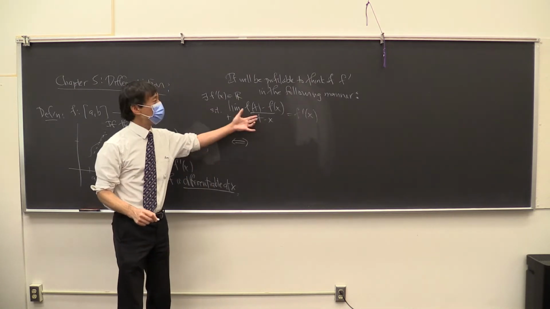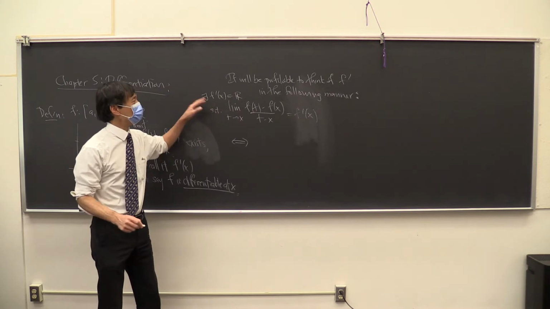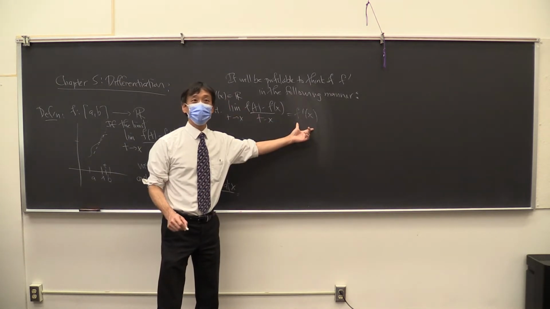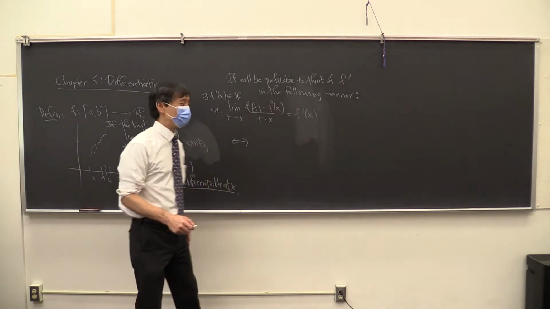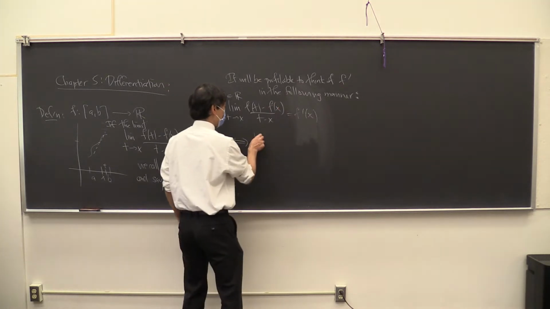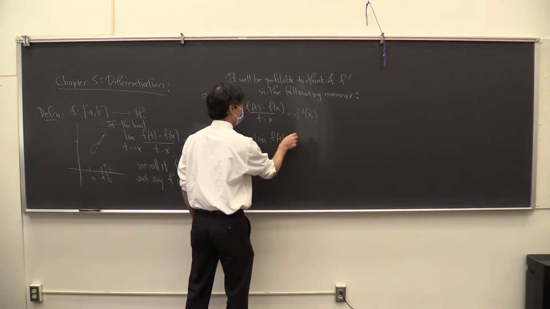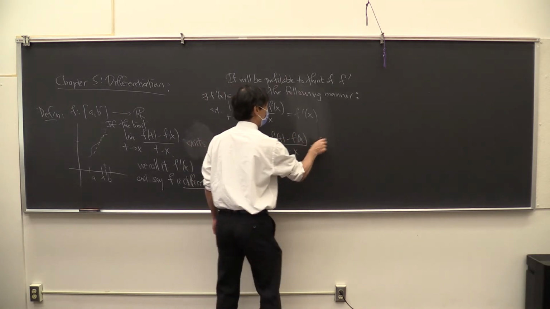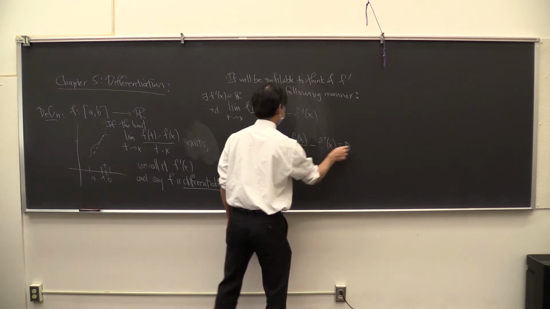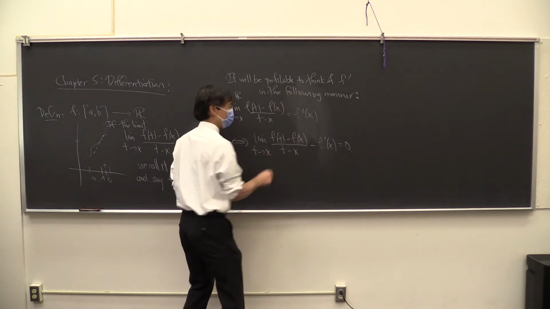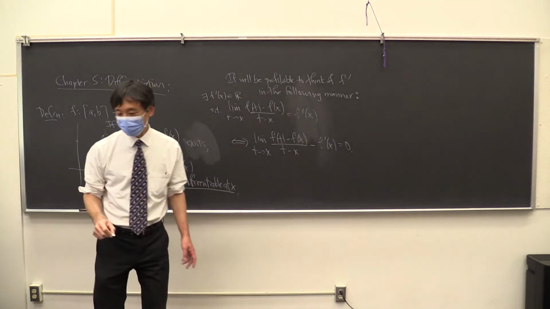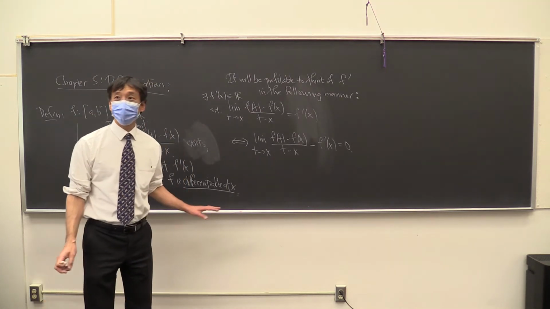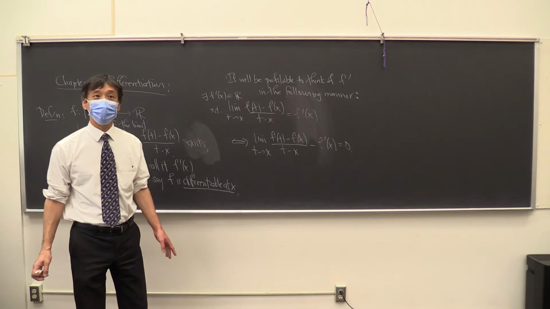That's what being differentiable means, right? That there's some number and this limit equals that number. I'm going to just change that a tiny bit and write it like this: that there's some number such that this minus that number equals 0. Okay, I think nobody will object to that. That's exactly the same thing.